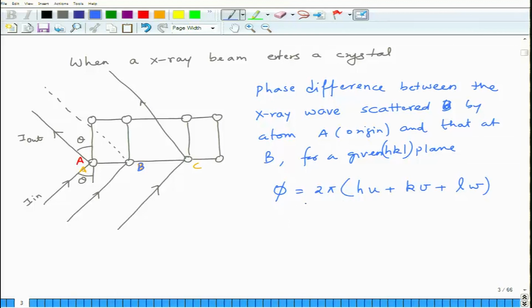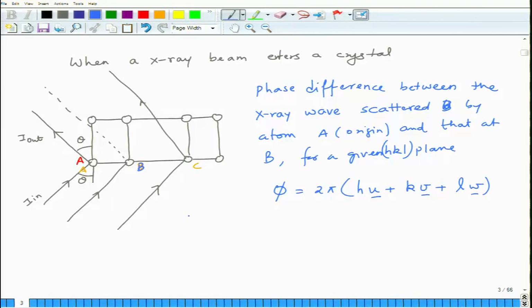You can see that this phase difference is only dependent upon the position. UVW are the coordinates, HKL are the plane indices. There is nothing about size and shape, nothing about the length, nothing about the interplanar angles and so on and so forth.